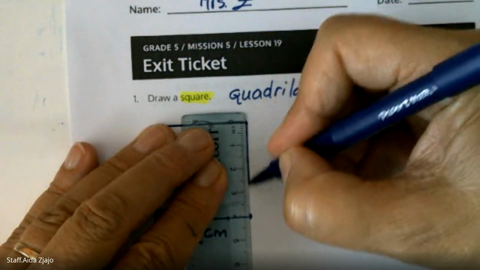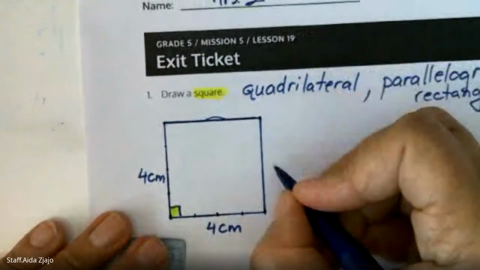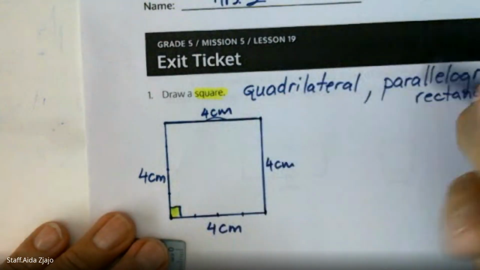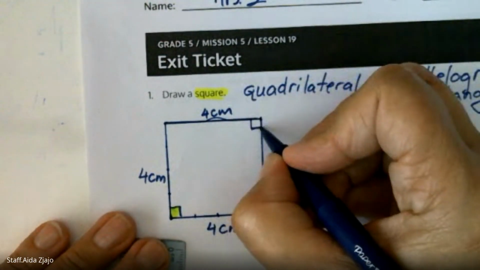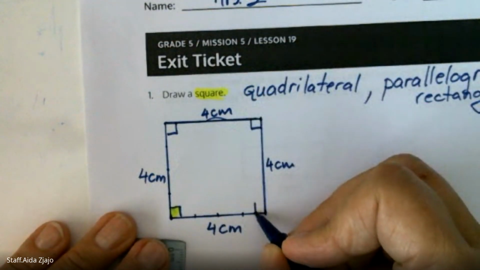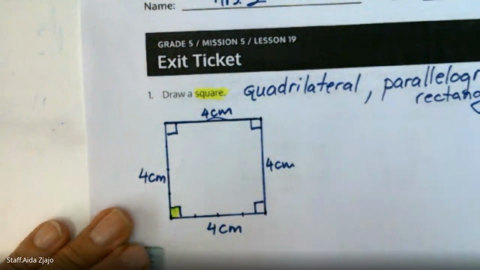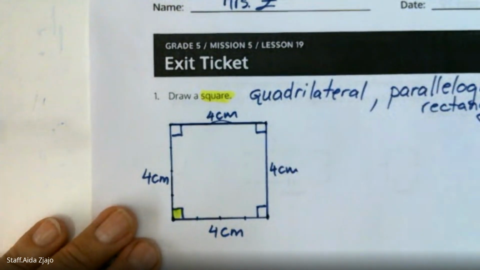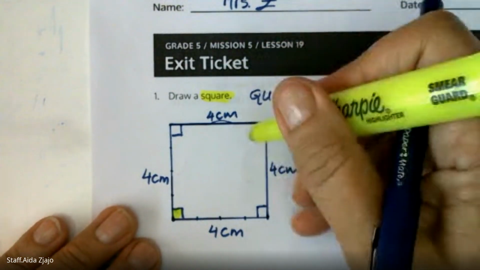All right, here you go. So 4 centimeters, 4 centimeters, and then 4 right angles. To create it, you just need 2 congruent sides and 1 right angle, and you must create the other.